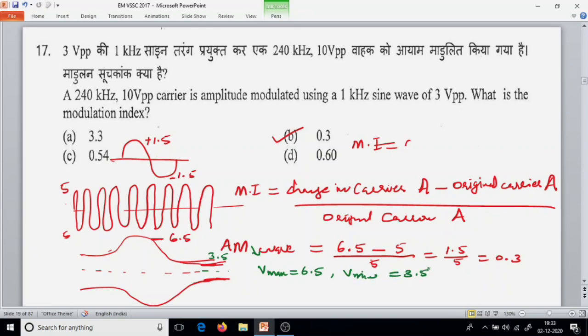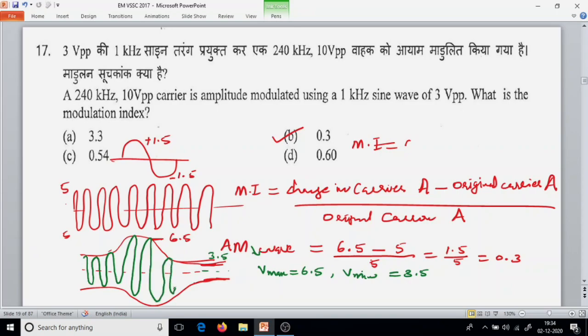In case the question, instead of giving the peak to peak values of both carrier and signal, gives the AM wave's maximum value and minimum value. This is an AM wave, it will be like this, an amplitude modulated wave.